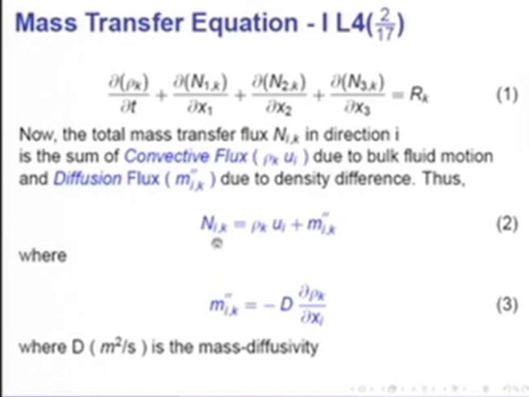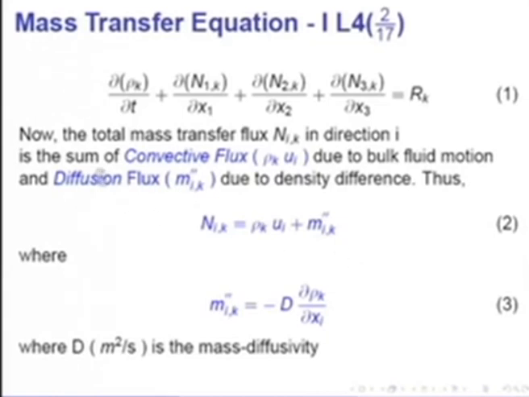Thus, N i K is represented as rho K u i plus m double prime i K. Writing convective flux in this manner is indicative of the fact that we are assuming that each specie is being carried at the same velocity as the bulk fluid. The diffusion flux, on the other hand, m double prime i K, arises simply due to the differences in density at neighboring locations.